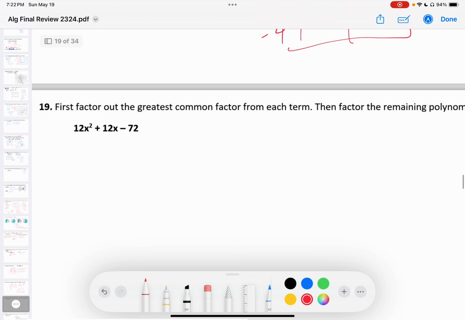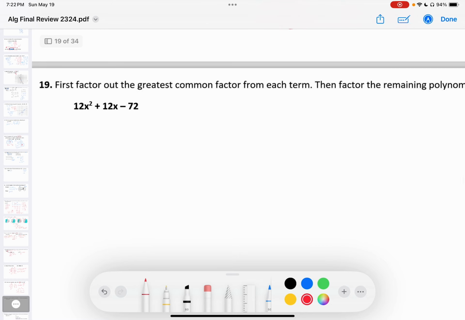Number 19 says factor out the greatest common factor, then factor what's left over. Again, anytime that this value is not 1, we want to factor out a GCF or look for a GCF. So it just so happens that 12 is divisible by 12, 12 is divisible by 12, and so is 72.